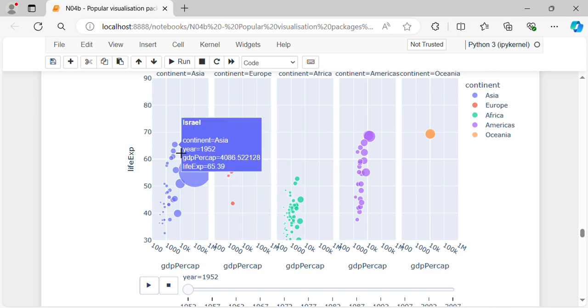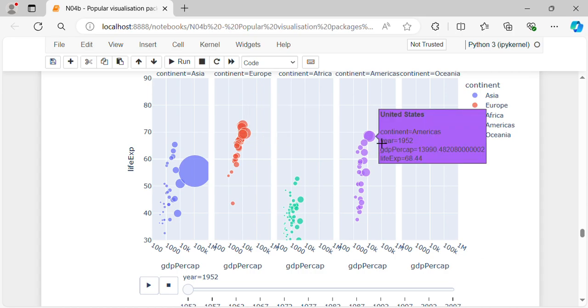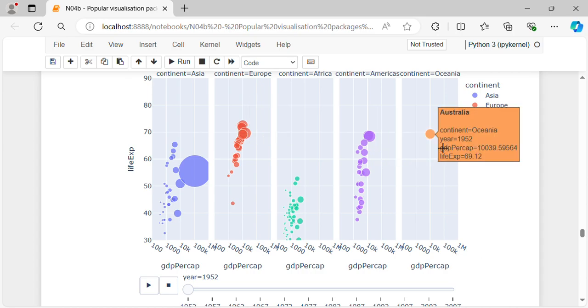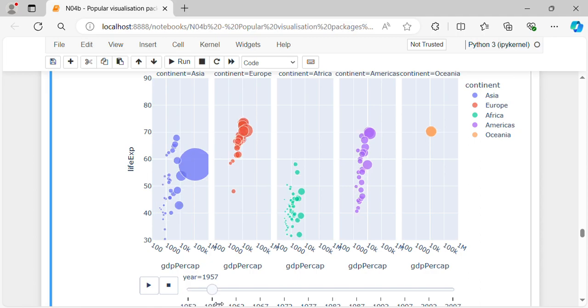Kuwait is 55, and this highest one is Israel, which is 65, and this highest one is Iceland, which is 72. And Australia is 69. In America, the highest life expectancy is for Canada, which is 68.